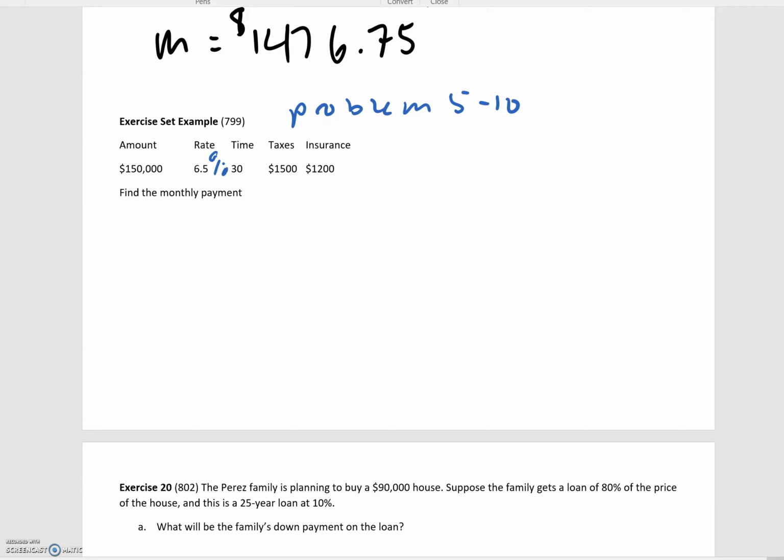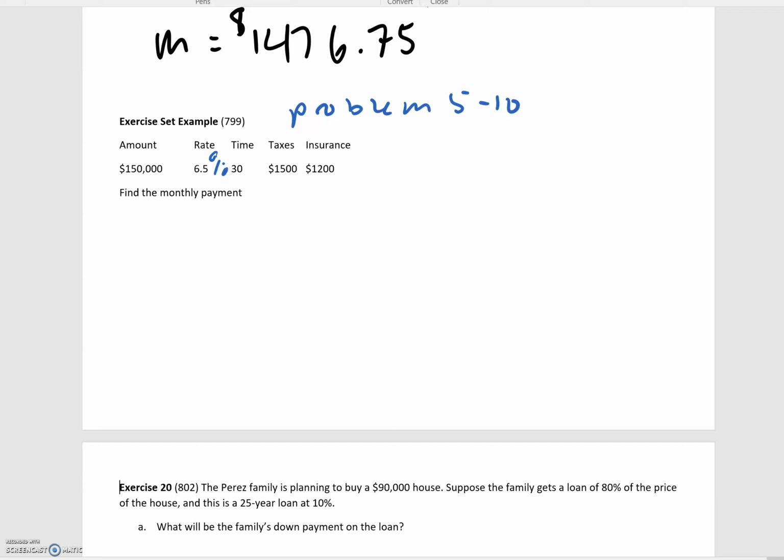You're going to use that table once again, table, what did we say, 13.4? Is that the table we want? It gives us the monthly cost per $1,000, depending on your time and your rate, right?